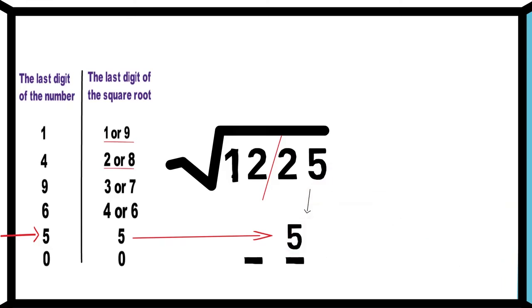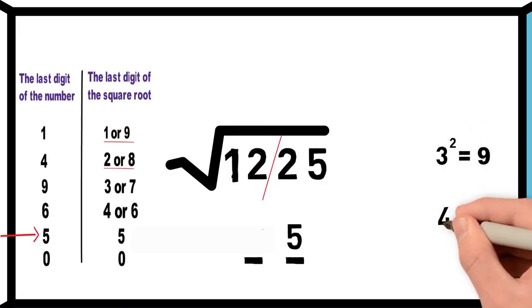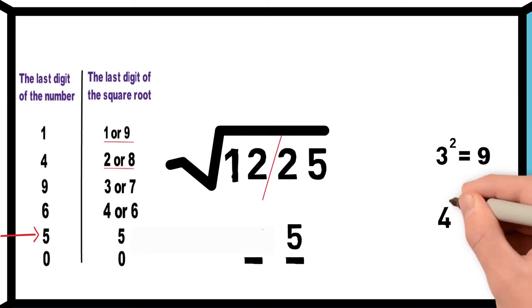For the starting digits 12, let's see where it lies. We all know 3 square is 9 and 4 square is 16.